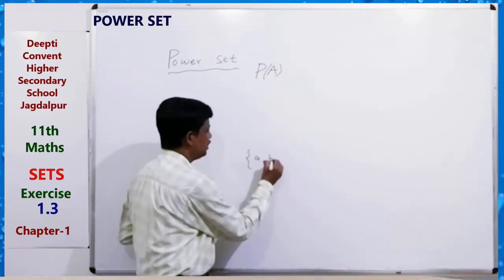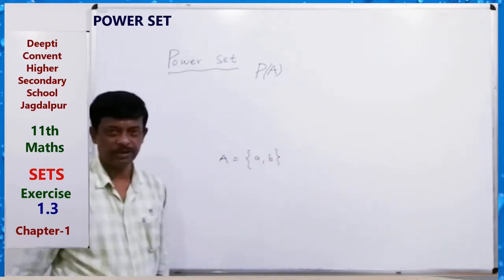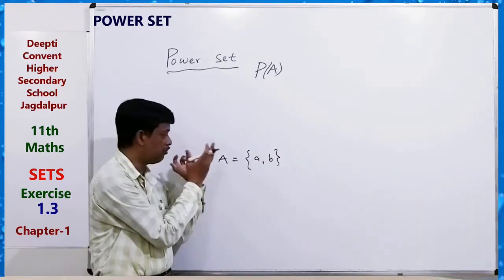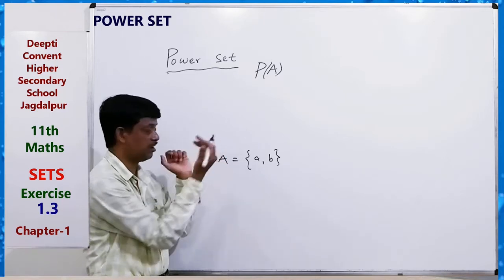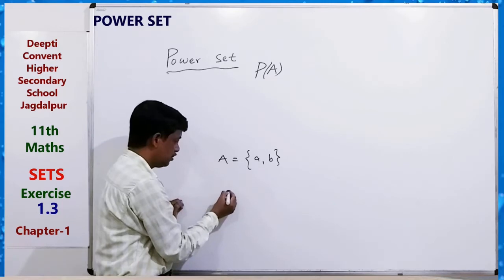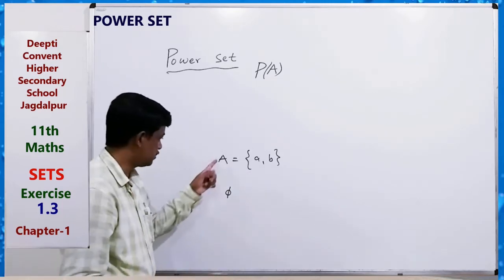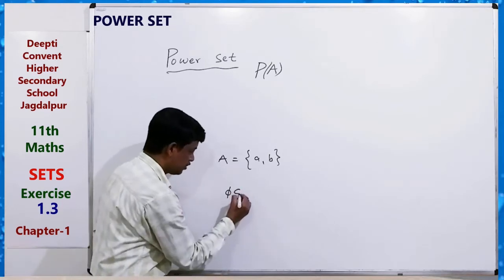Suppose {A, B}, this is a set A. Now how many subsets may be formed for A? We know phi is always a subset of any set. That is, phi is a subset of A.